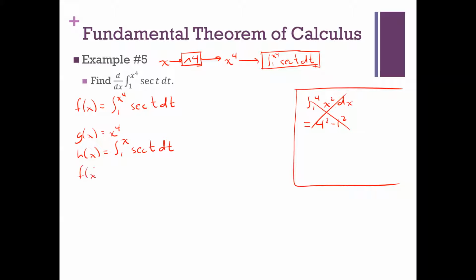Then can I say that f of x is equal to some composition of g and h? Are we happy with that? All I'm really doing is processing this function through smaller functions and composing them together.